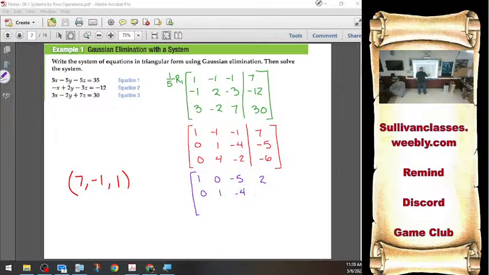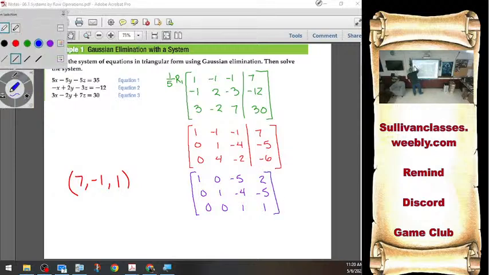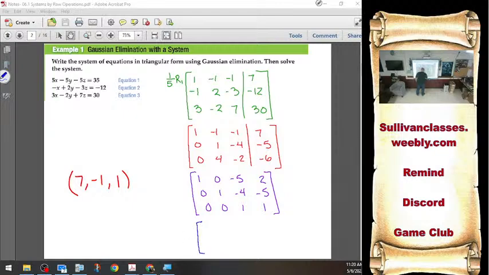I got 7. So negative 4, 16, 14. That's also what I got? I was looking up here, and I actually messed up on the very bottom.